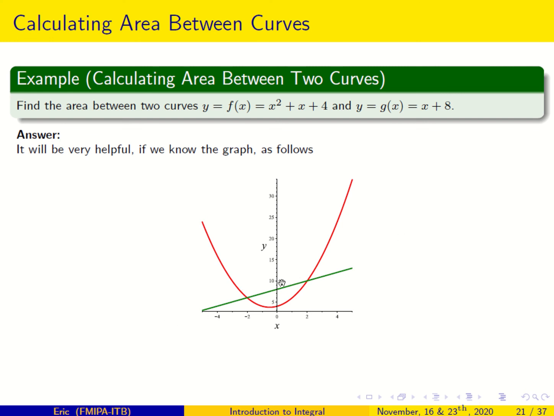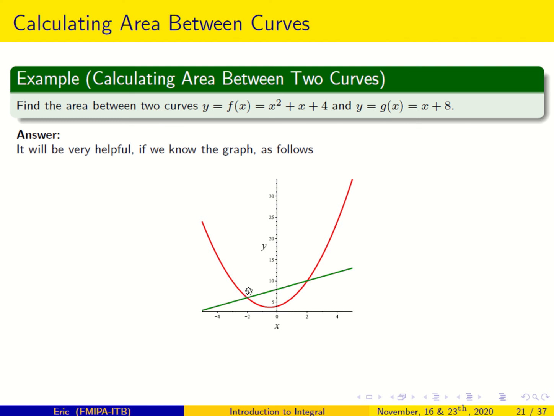In order to find the area between the two curves, I want to find this area. It is given by the integral of the green minus red, that is g(x) minus f(x), from this point to this point.